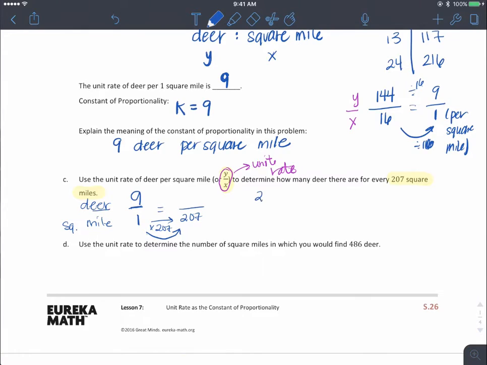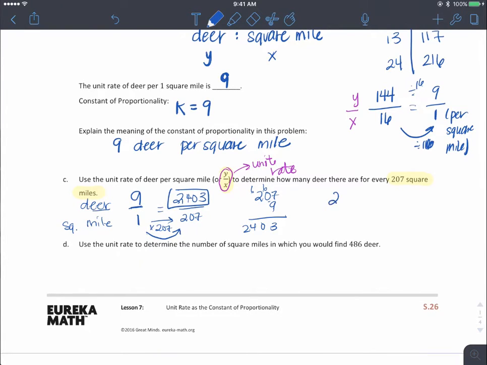So we're going to take 207, multiply by 9. 54 plus 6 is 60, 18, 24. So we see that we get 2,403 deer in 207 square miles. So this would be our answer.